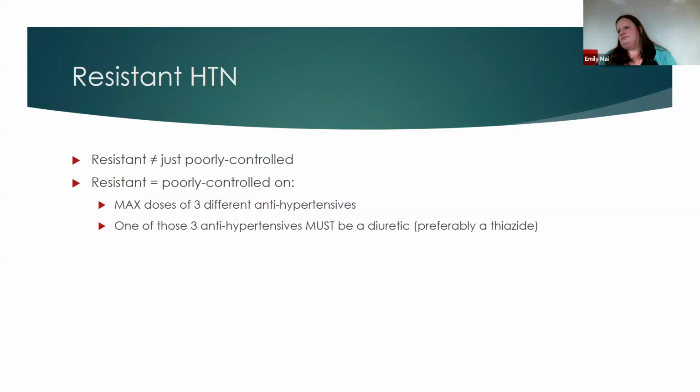Why a thiazide? Thiazides are the best for pressure of the diuretic class. And I don't know the exact reasoning behind the original definition of this. My guess would be that historically, people have thought that, especially in African-American communities, not having a diuretic of some kind would predispose them to worse hypertension, that they really needed that as kind of their first line.